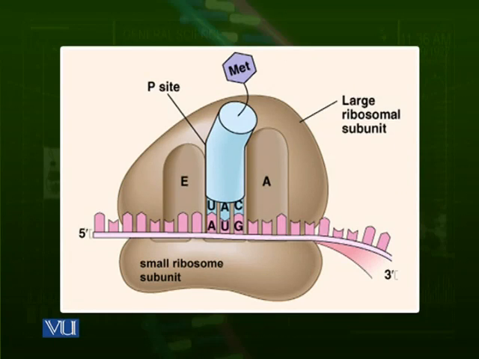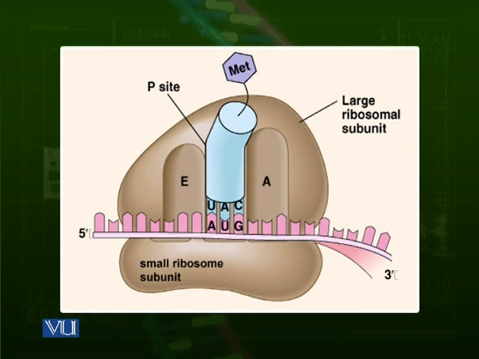When the A site becomes free, the next transfer RNA identifies this site, brings the amino acid according to its anticodon, and attaches to the A site. Then again a peptide bond is formed between the second and third amino acids, and the ribosome again moves ahead.